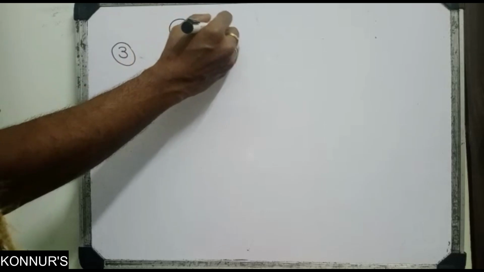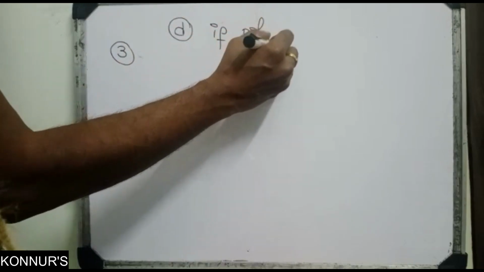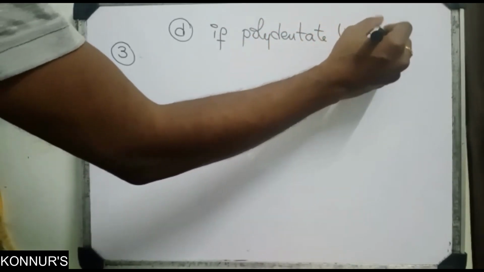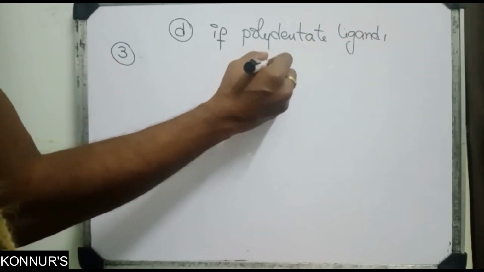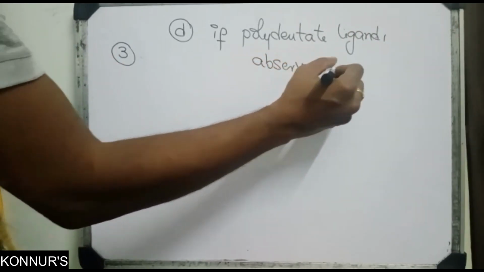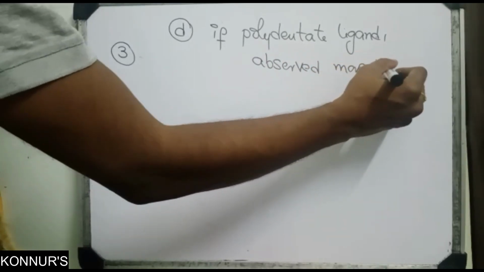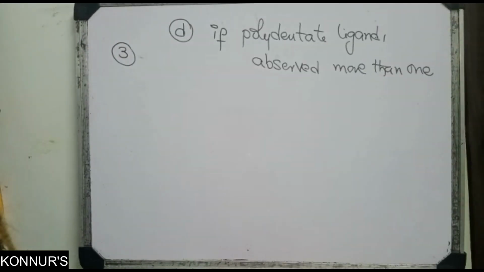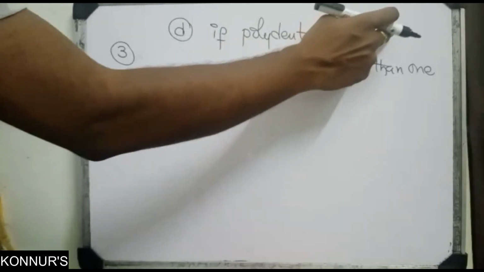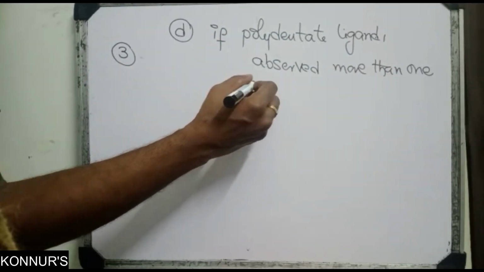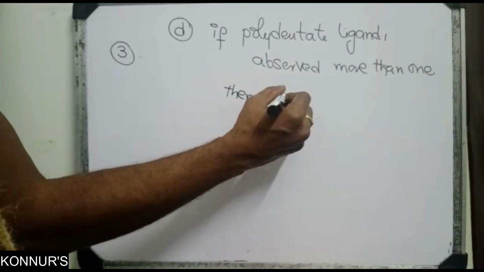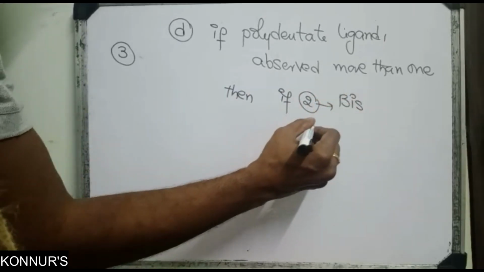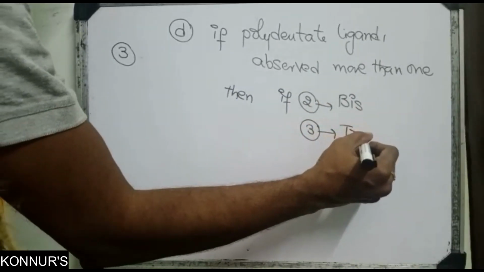See, if polydentate ligands are observed more than one, polydentate meaning bidentate, tridentate, tetradentate and so on, then if two are there, it is indicated as bis. Three is tris.